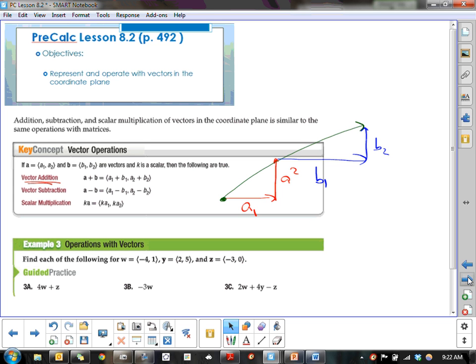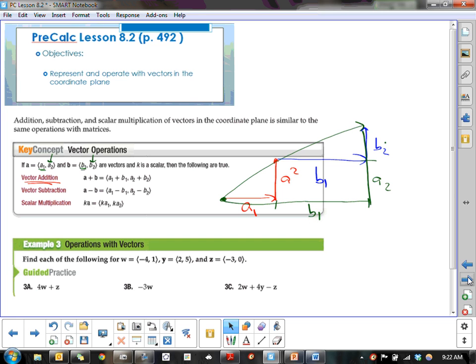Joining the rest of us, everyone? That's not that big a deal either, right? What are they saying that you do in order to add vectors? Simply add your x components together and then add your y components together. Isn't that what that picture is basically showing you anyway? To get your resultant, you would have to go all the way over to here and all the way up. That is an A1 plus a B1 in here, and this is an A2 plus a B2 there.